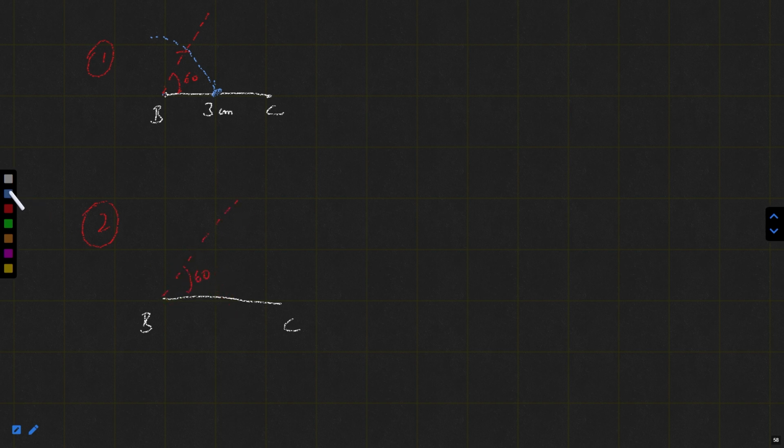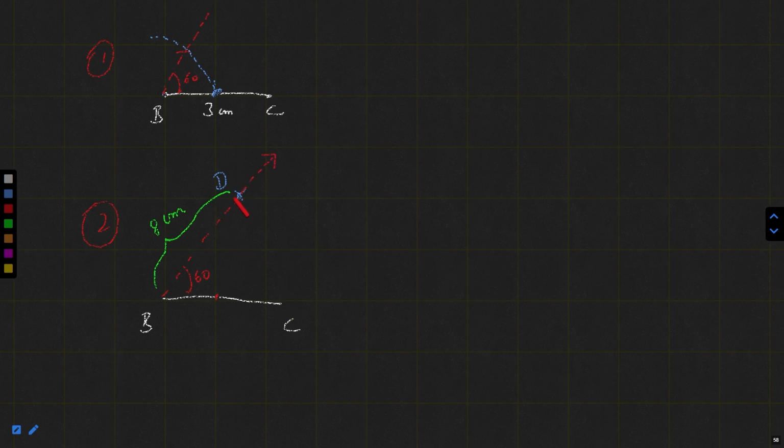I hope this is clear to you. Now use a ruler to measure 8 centimeter of length on this ray produced by B, colored with red. So 8 centimeter, and mark that point, say D. So this point is D.